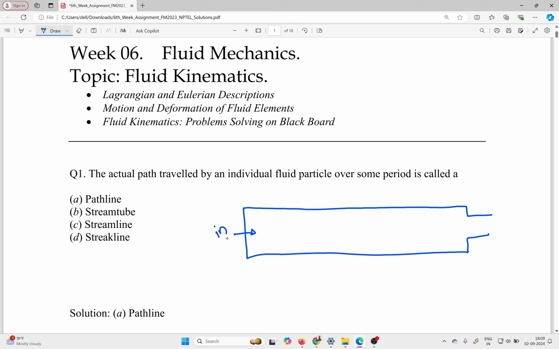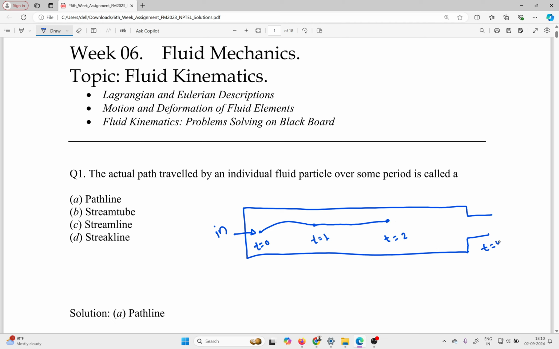If we take one single individual fluid particle, let's suppose at t equal to 0, t equal to 1, t equal to 2, the path of the particle is like that. Single particle, individual particle. Such a line is known as a path line.